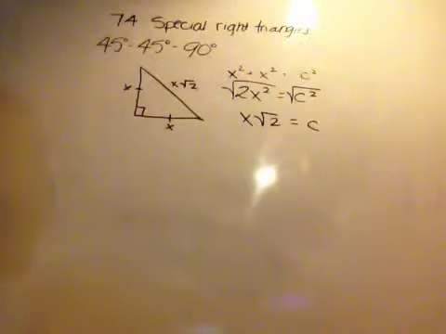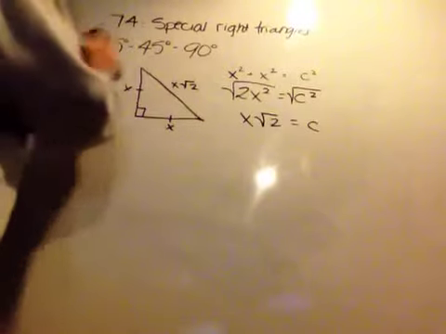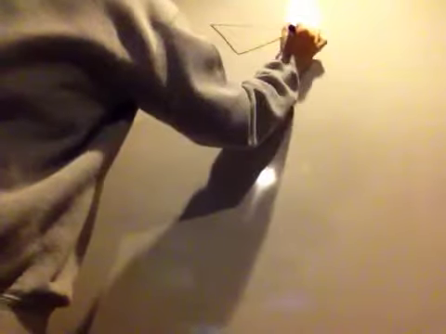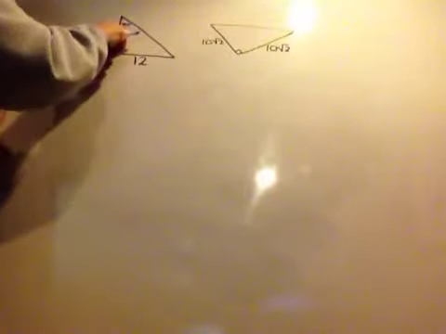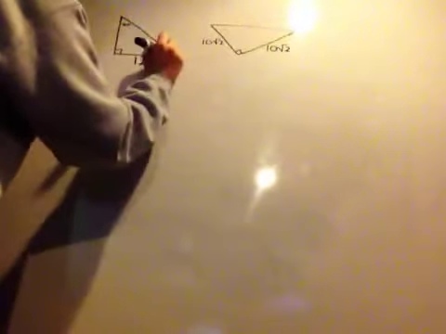So we're going to find the hypotenuse in each of these triangles. For this first one, we know this angle is 45 degrees, which means we know this angle is 45 degrees.